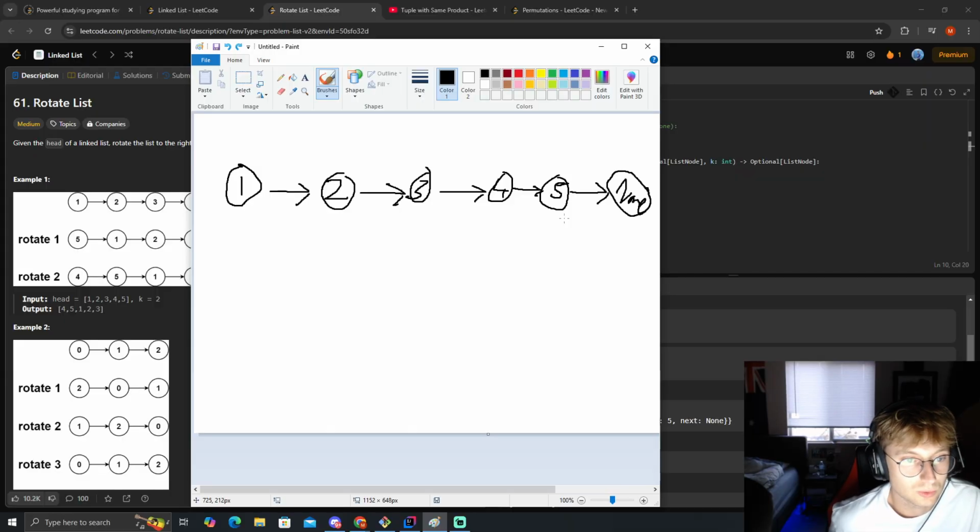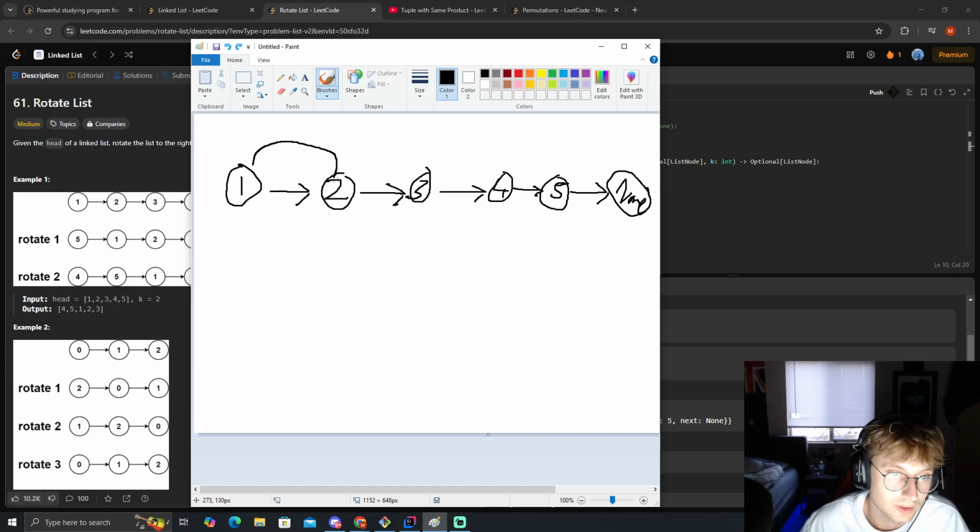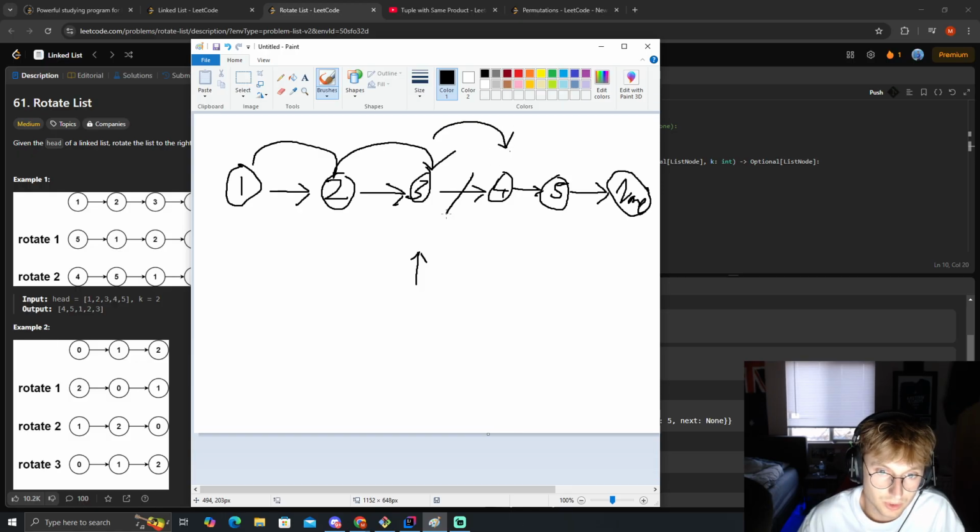Well, if we want two rotates, right? Can't we go current on x is 1, current on x is 2? Then we're going to know that this is the point that you want to break, right? We want to rotate twice. We're here, right? So we move twice. We're at 3. We do one more in front of it, k dot next, so that we know that this is the front of the node. We break this link.